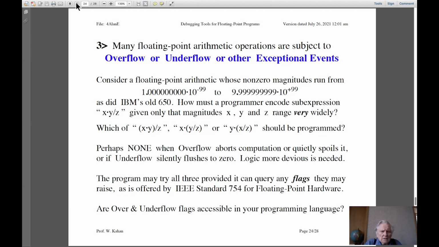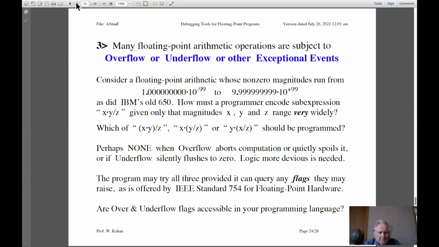And so somehow you're going to have to live with the fact that you may wish to compute something, maybe just temporarily, maybe just as an intermediate result on the way to something else. But the time will come when you have to compute something which is either too big or too small.